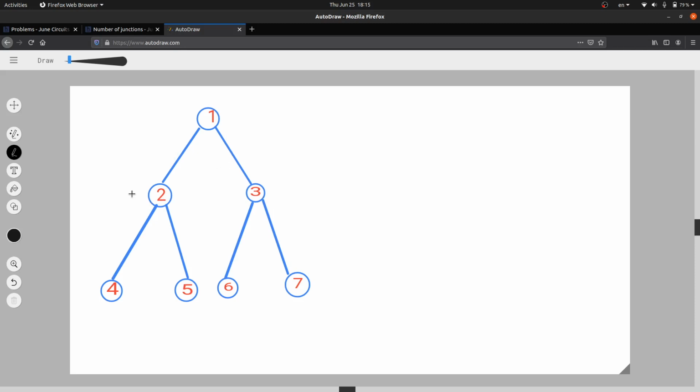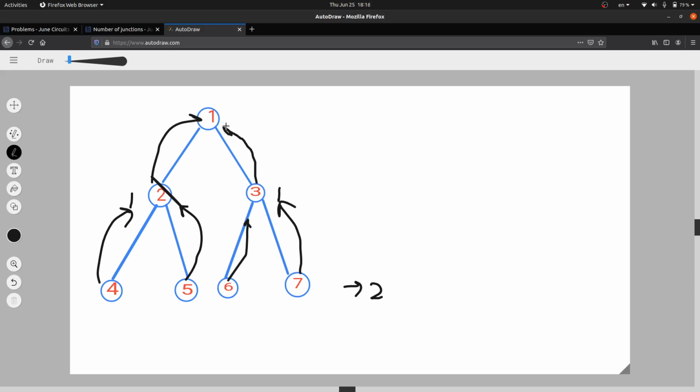So the depth of this is 1, this is also 1, these all have depth 2, and the parent of this 4 is 2, parent of this is also 2, parent of this is 6, and the parent of this is 7. Similarly, parent of this is this, and parent of this is this.